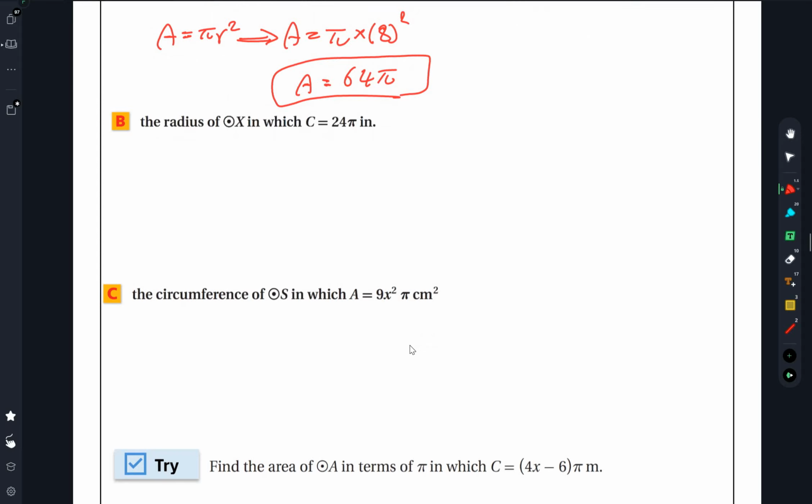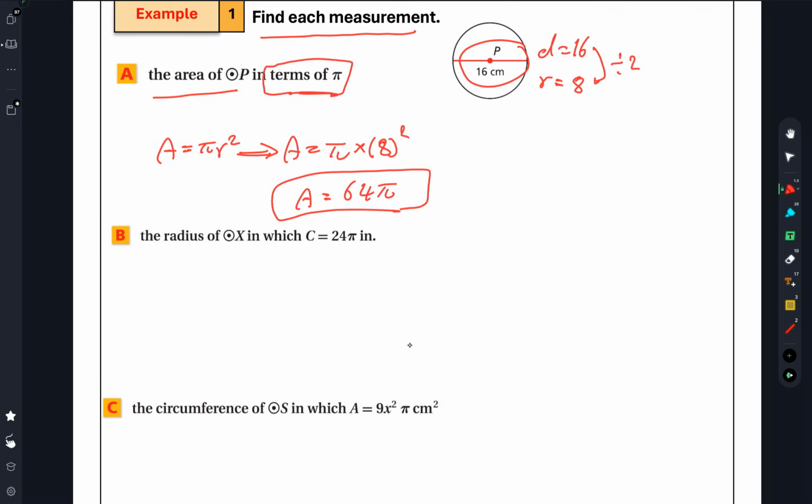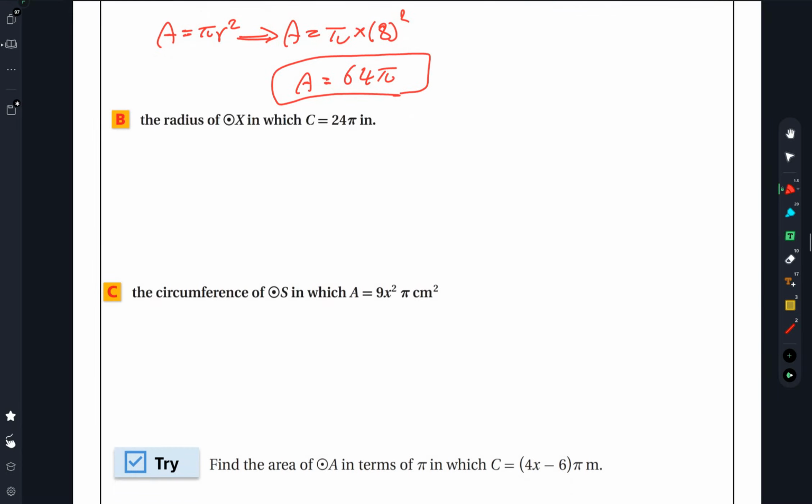Let's jump to the second part of example 1. Find the radius, because in the beginning, students, it says find each measurement. So the second measurement is the radius of a circle when the circumference is 24 pi. Dear students, we know that the rule of circumference is 2 pi r, correct? And here they already gave us the value of C, which is 24 pi.